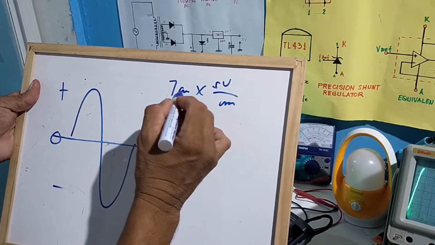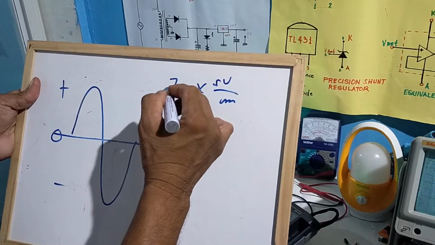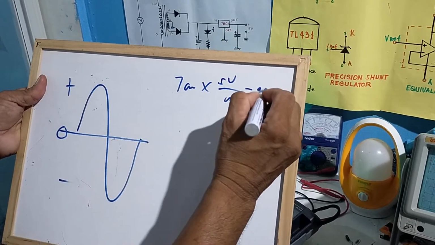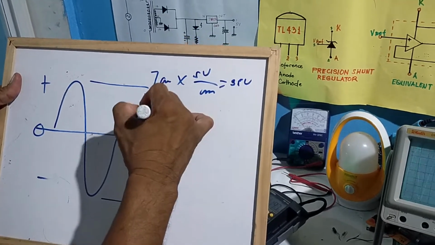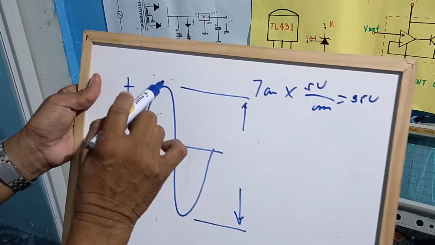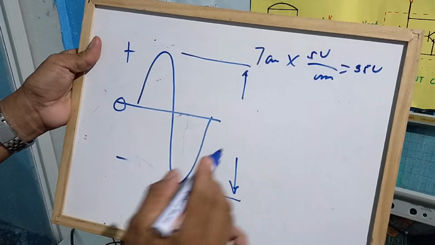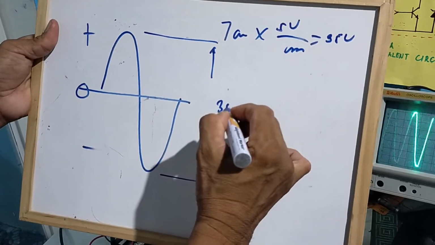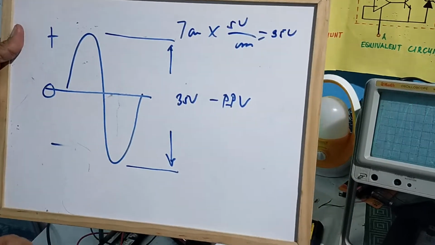Centimeter unit and centimeter unit are cancelled out. The remaining unit now is volts. So, 7 times 5 is 35 volts. It is actually the peak-to-peak value. From the peak of the positive alternation to the peak of the negative alternation, the voltage there is 35 volts. That is now the peak-to-peak value.